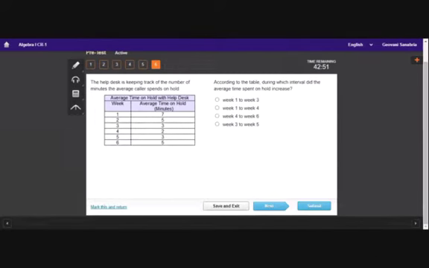So it'd be 4 to 6, because you're going 2, 3, and then 5. That's all increasing: 2 minutes, then 3 minutes the next week, and then 5 minutes the next week. Got it. From 3 to 5 would be decreasing and then increasing.